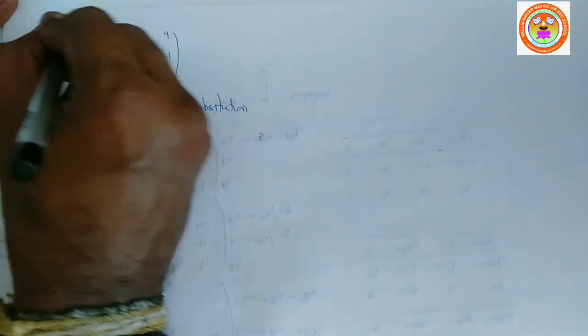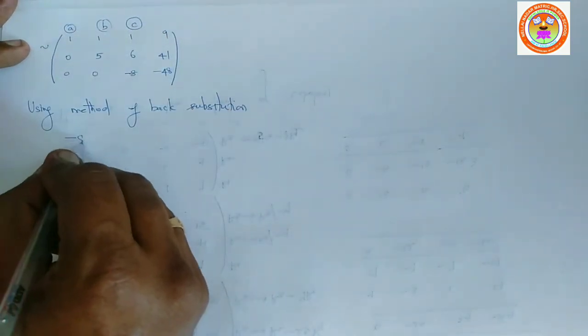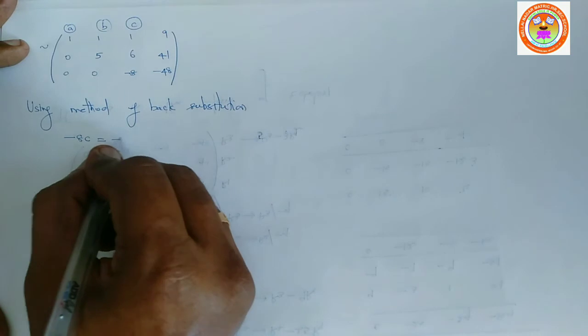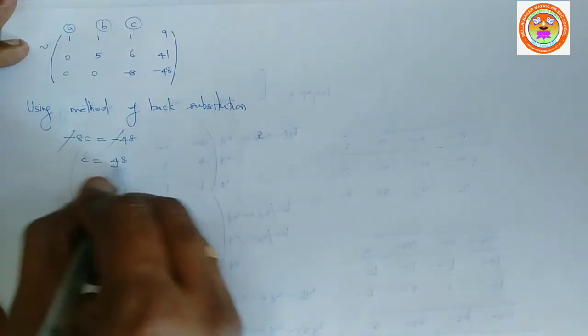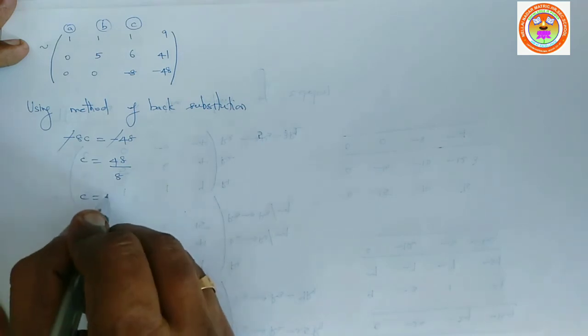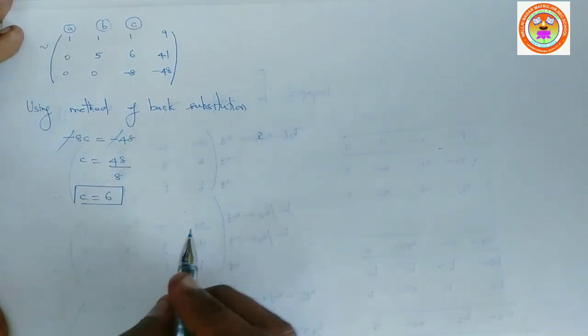This is the A coefficient, B coefficient, C. Minus 8 into C gives us minus 8C is equal to minus 48. Minus minus gets cancelled. C is equal to 48 by 8. C is equal to 6, because 8 6s are 48. Answer: C is equal to 6.